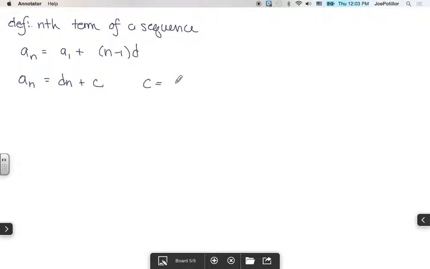C is equal to A1 minus D. It's the same equation I just showed you, but you can write it either in terms of a linear equation or in terms of this recursive formula that we defined here.